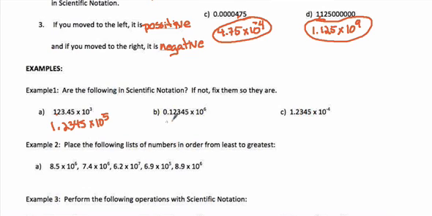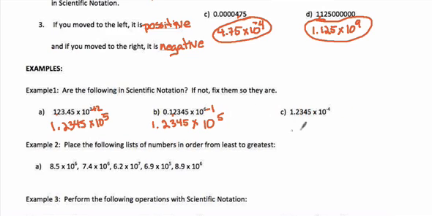All right, this one, once again, the decimal point's not in the right spot. I'm going to have to move it to the right. So that I have 1.2345 times, now over here, I moved it to the left, so I added 2. Here I'm moving to the right, so it's negative, so I'm going to subtract 1 from this. So I have 10 to the 5th.